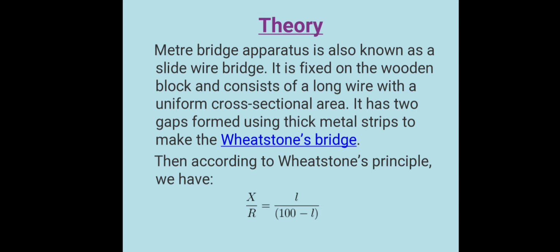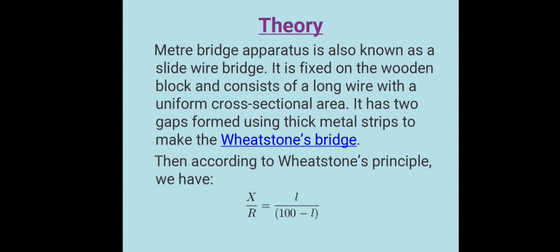As we know, the apparatus works on the principle of a balanced Wheatstone bridge. Then, according to the Wheatstone bridge principle, under balanced condition, P by Q is equal to R by X, and then we formulate the expression X by R is equal to L by 100 minus L.